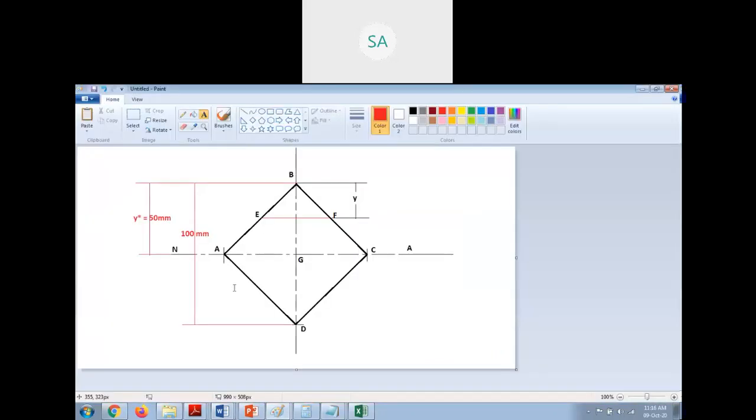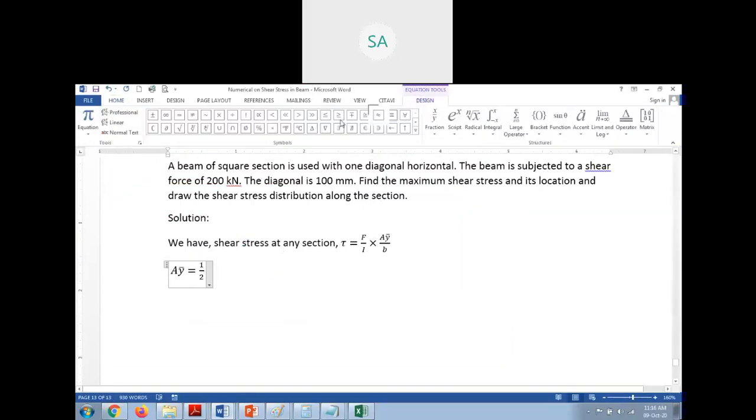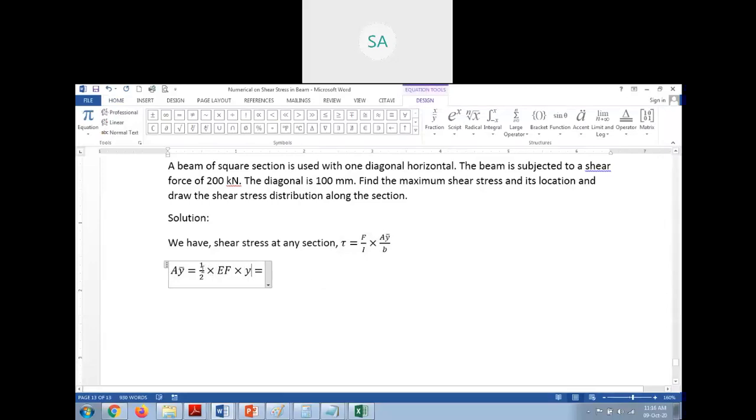Now the area of this triangle BEF is half into base EF into height y.